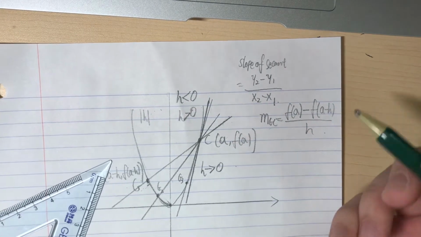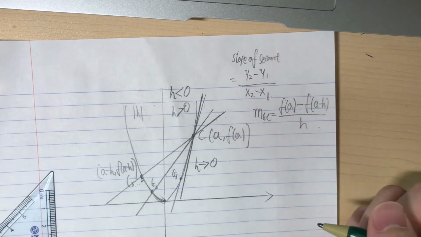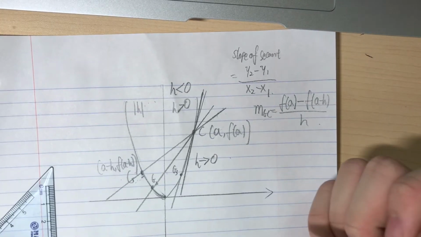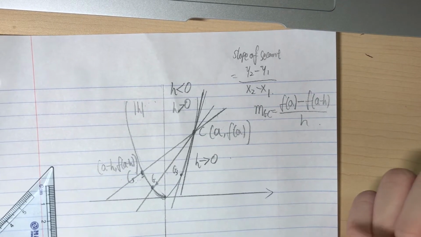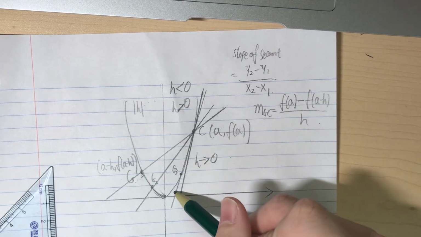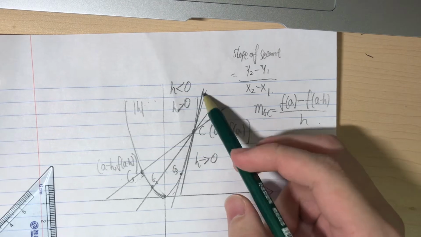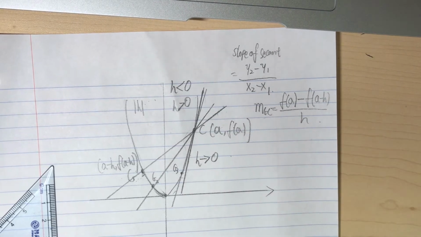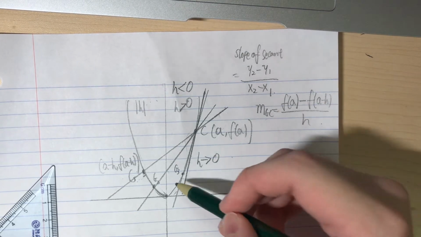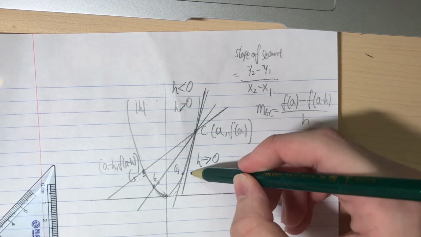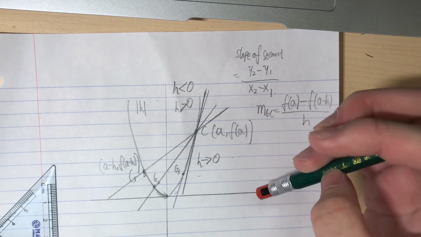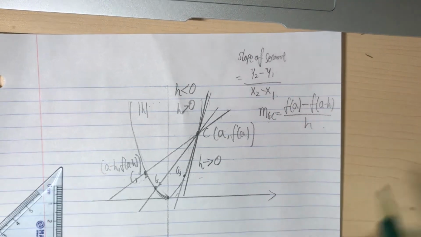Okay, and then remember we studied the limit logic before. Because the secant line is approaching the tangent line, we can make a small conclusion: the slope of secant is approaching the slope of tangent.